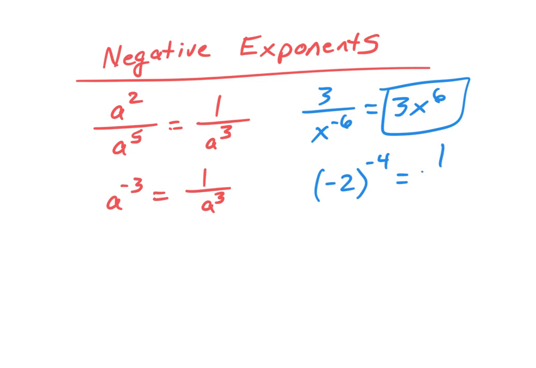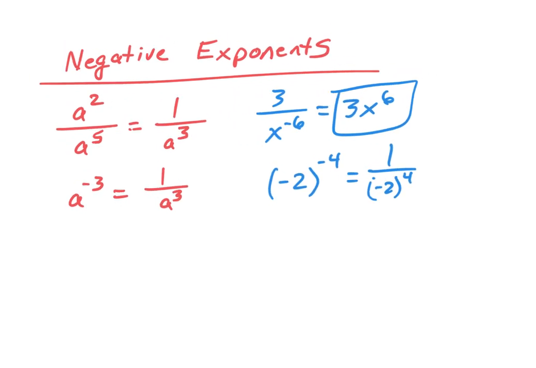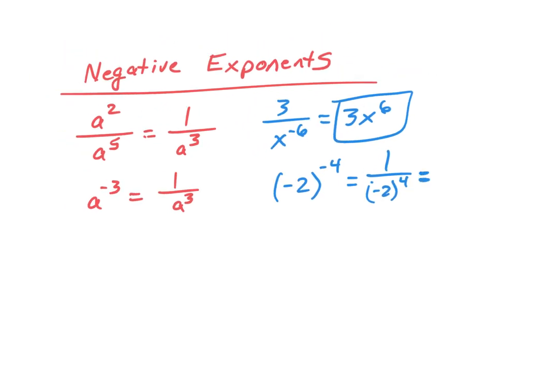Now, when I flip it to the bottom, only the exponent becomes positive. Nothing happens to the negative on the 2. I flip it, the negative 4 becomes a positive 4. And if I take negative 2 and raise it to the 4th power, negative 2 times negative 2 times negative 2 times negative 2, 4 times, what do we get? 16. So my answer is 1 over 16.